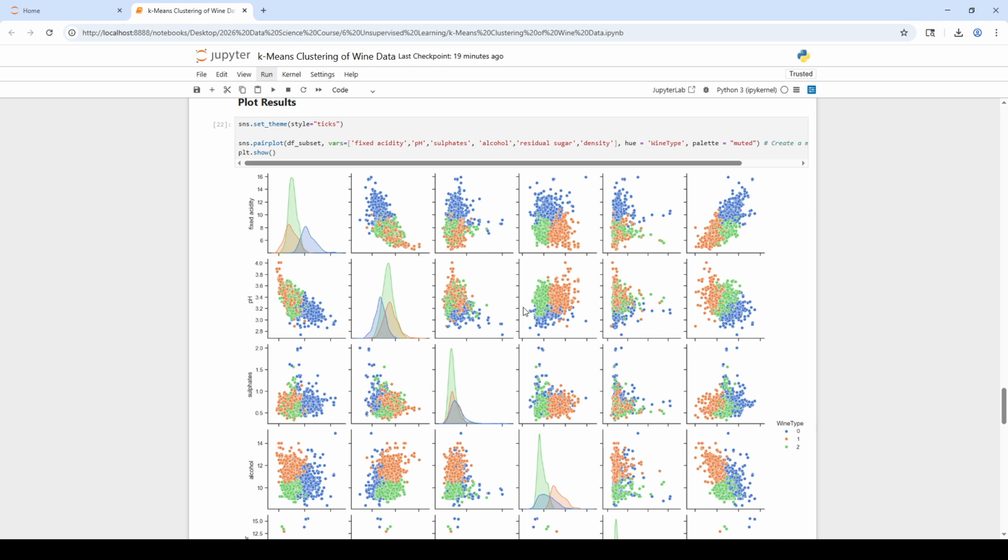Another example would be with online retail shopping. If you're Amazon or Walmart or any one of the online retailers, you want to see what kinds of customers belong together, have similar purchasing habits and similar incomes and things like that. So you want to identify groups in amongst your customers.